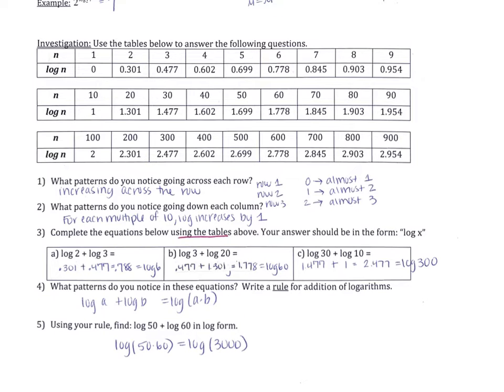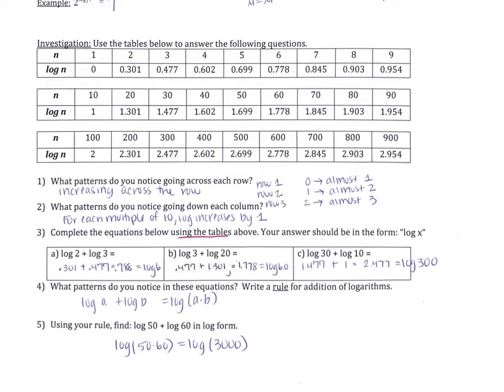Number 2, it says, what patterns do you notice going down each column? Okay, so we said for each multiple of 10, log increases by 1. So for n 1 through 9, we're going from 0 to 1. Then if you go down to the middle column, we're increasing the log by 1, and it's a multiple of 10.